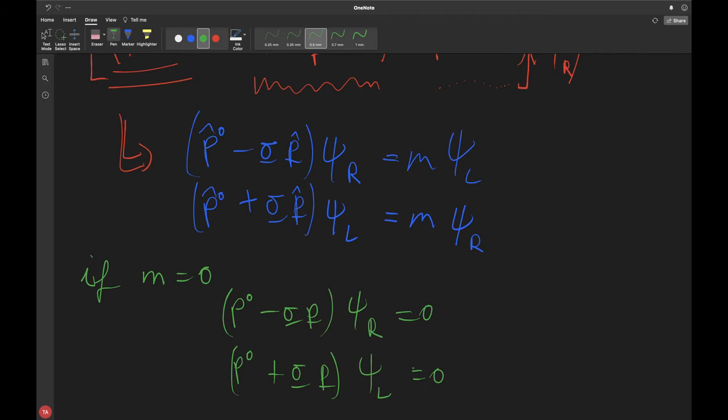So that implies that the four-component state splits into two-component states that seem to be not mixed by the equations of motion.